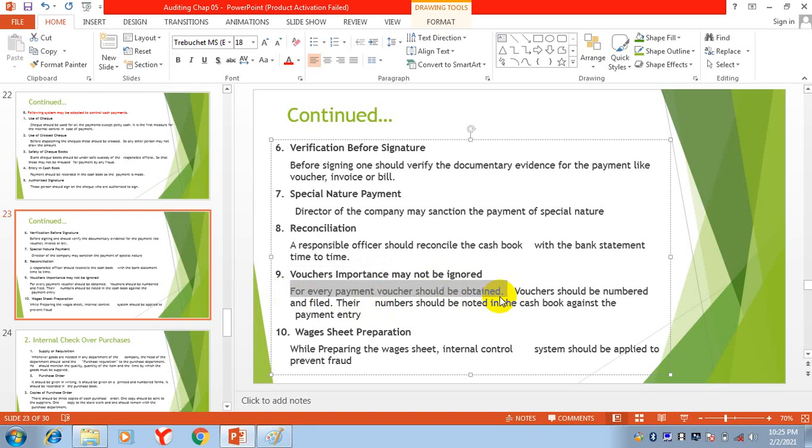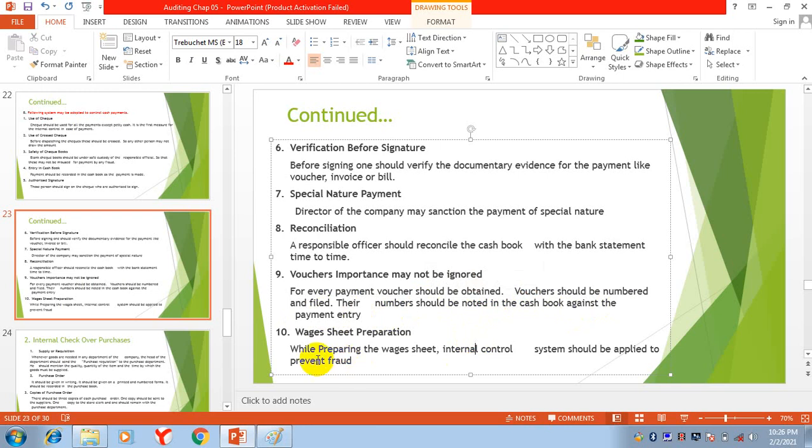Vouchers should be numbered and filed. You will give a proper number to the voucher and file it. There will be a proper filing system. Their numbers should be noted in the cash book against the payment entry, so when you make payment, you will note that voucher number in the cash book.